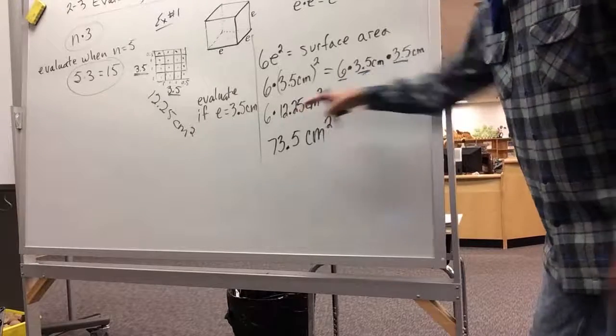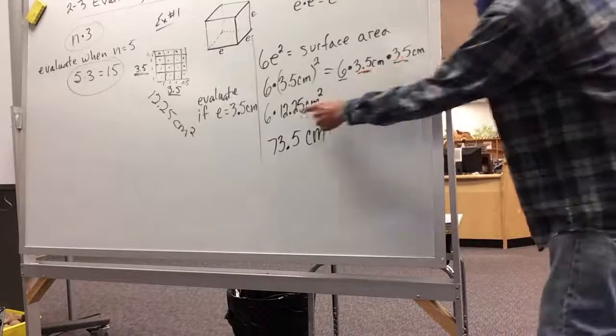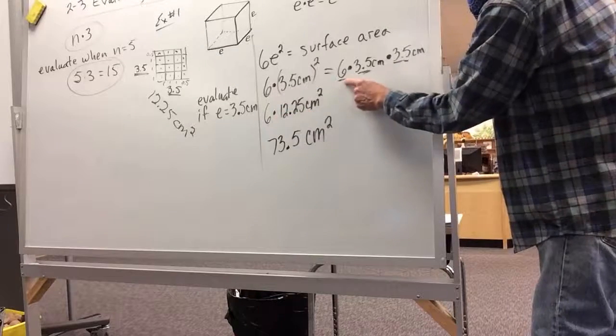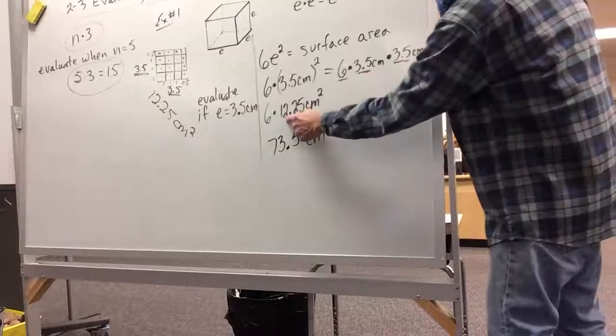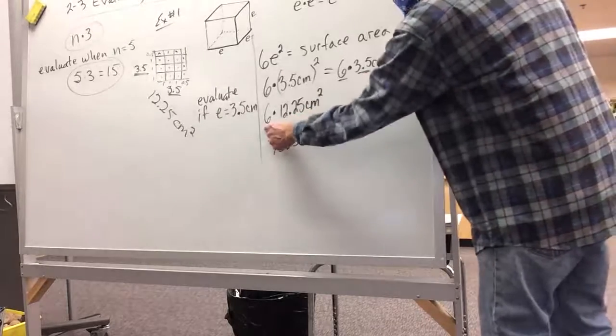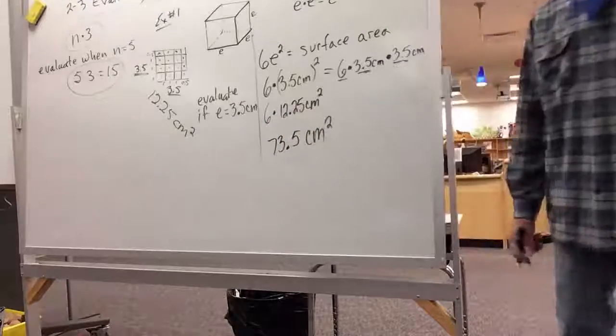This 12.25 is when you take these two and multiply them together, because I left the 6. So 3.5 times 3.5 is 12.25. And then this number here is when we take 6 multiplied by the 12.25.